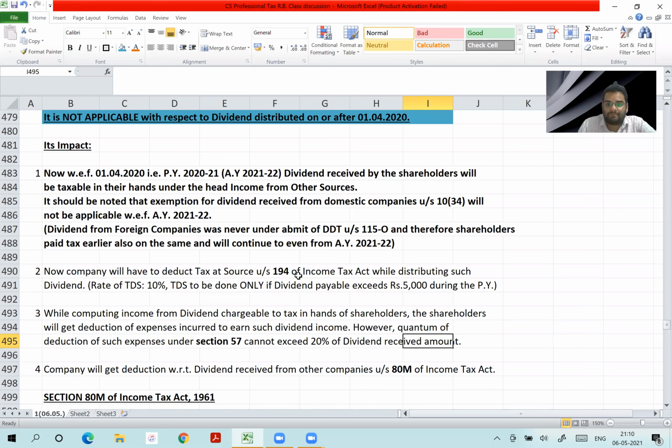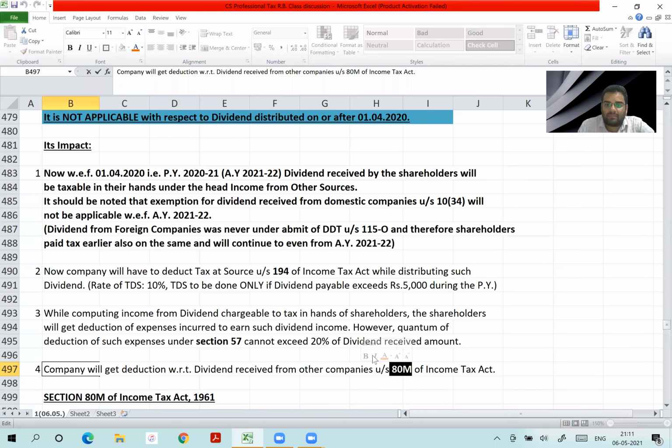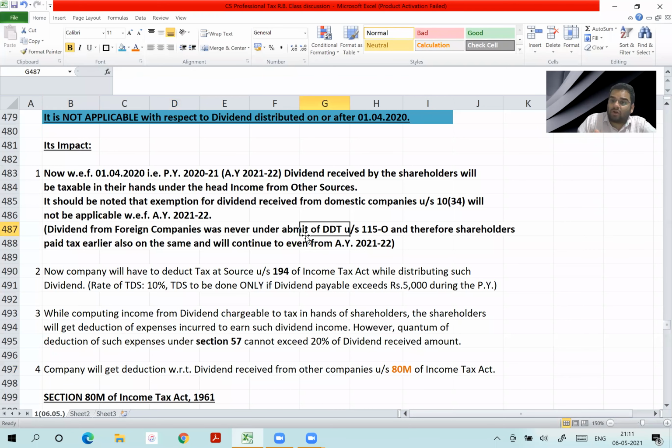And finally, companies will get deduction with respect to dividend received from other companies under section 80M. So yes, we will have to study this 80M in detail. Now 80M comes in the picture. Why? 80M comes in the picture because dividend has become taxable in the hands of shareholders.